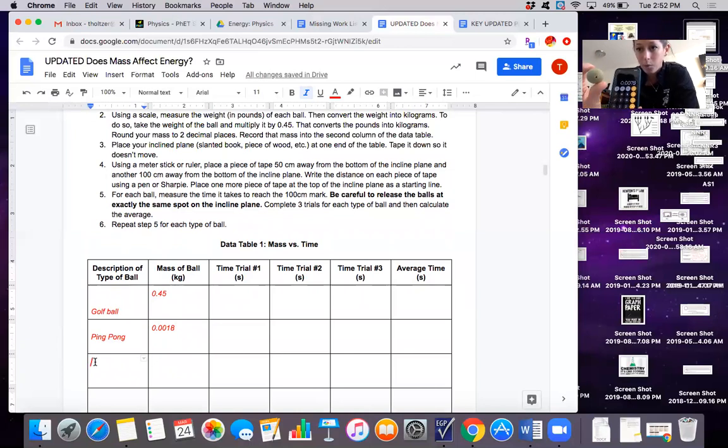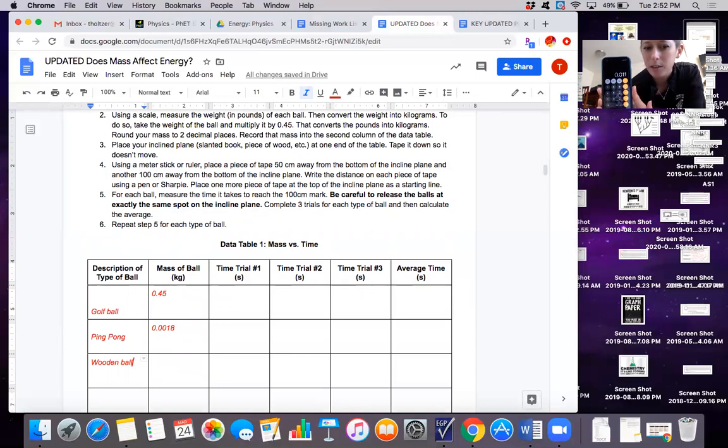So now I've got a wooden ball. So what would I write here in description? What should I write? Wooden ball, if that's what you said. Great job. Wooden ball. Now, let's find its weight. This wooden ball has a weight of 0.011.